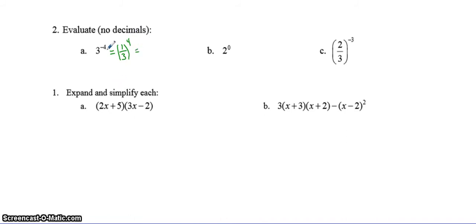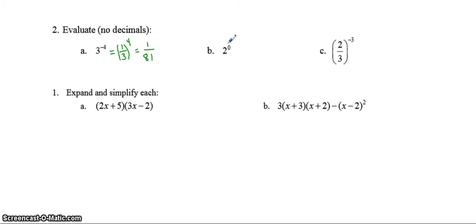So when you have a negative exponent, you flip the base upside down and change the exponent to a positive. So then both the numerator and the denominator get the exponent. So 1 to the exponent 4 is 1, and 3 to the exponent 4 is 81.